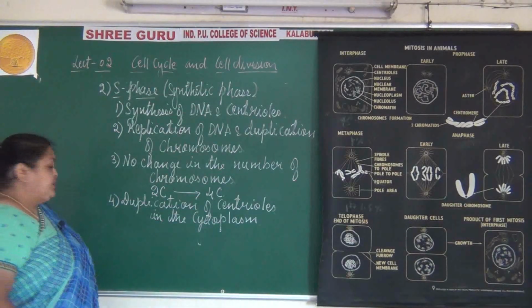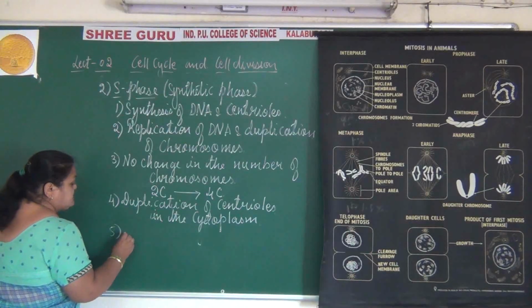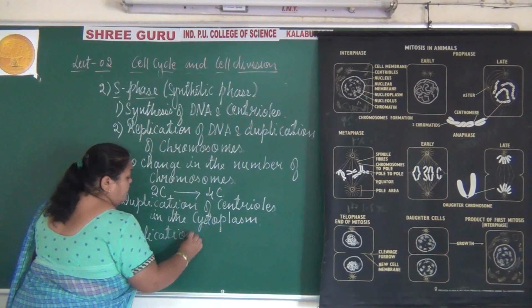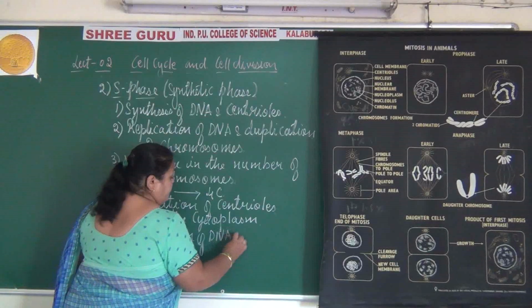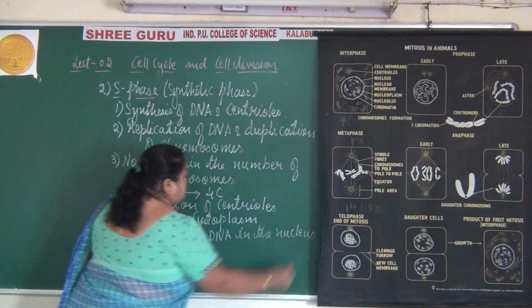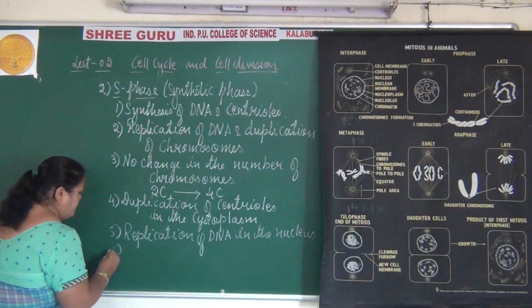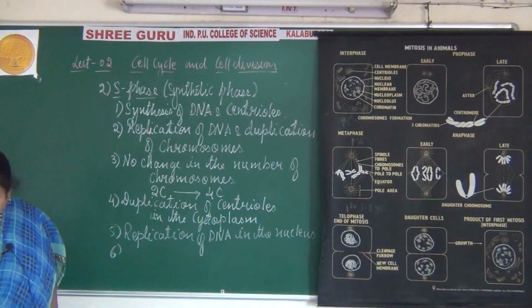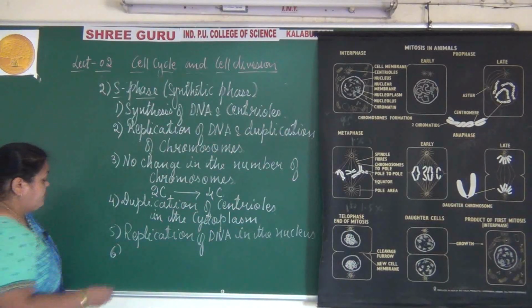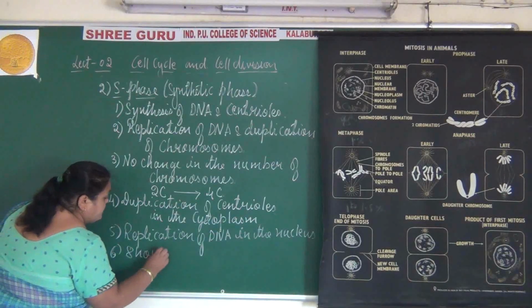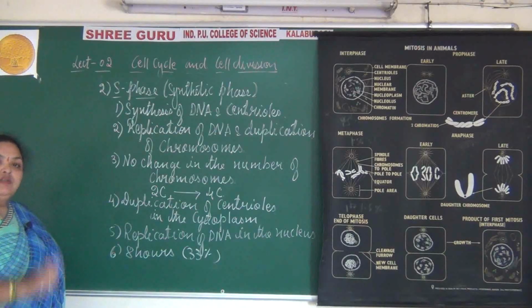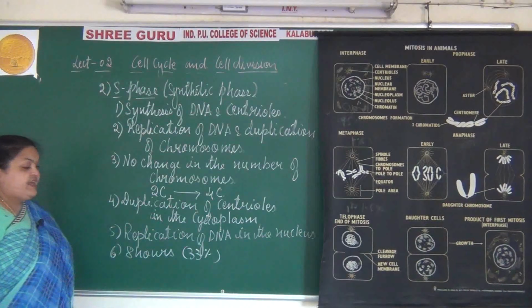That occurs in the cytoplasm, while there is replication of DNA in the nucleus, with the time period taken being around 8 hours, with 33% of the generation time. Yes, so the time period taken is 8 hours.